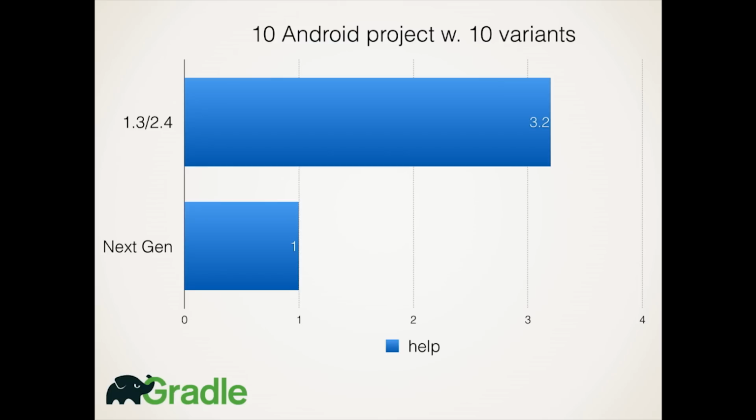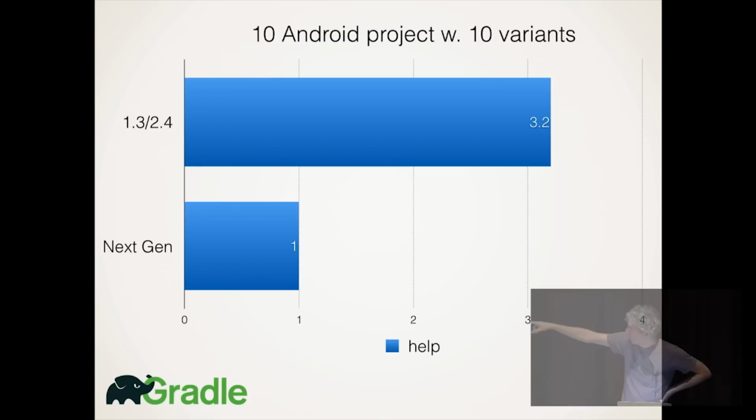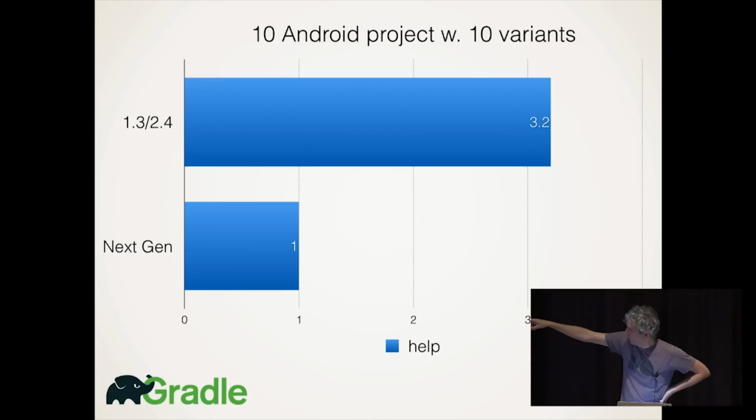And the benefits you have already in this new plugin are significant performance-wise. Just the configuration time for 10 Android projects with 10 variants, with the next generation Android plugin, is already cut down by a factor of 3, and more to come.